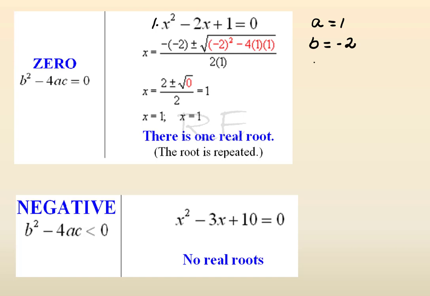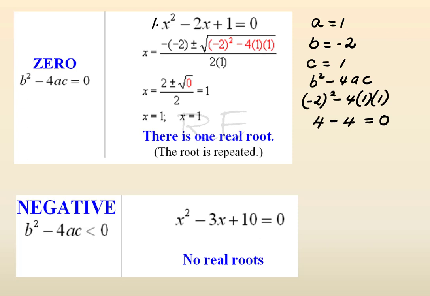For x squared minus 2x plus 1, a is equal to 1, b is equal to negative 2, and c is equal to 1. b squared minus 4ac is equal to negative 2 squared minus 4 times 1 times 1, and 4 minus 4 is 0. b squared minus 4ac is equal to 0. You notice that x1 is the double root.